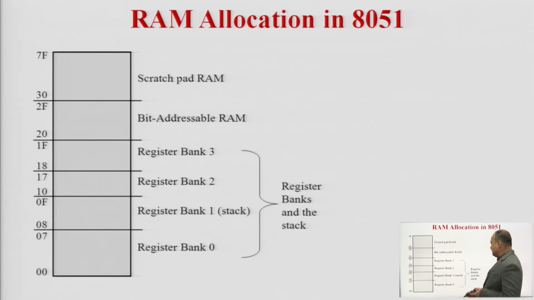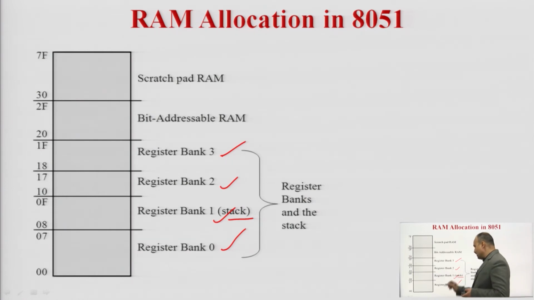See here, the first 32 bytes are used for register bank 0, bank 1, bank 2 and bank 3, and bank 1 is also associated with the stack. This is the first 32 bytes out of the 128 bytes of memory.